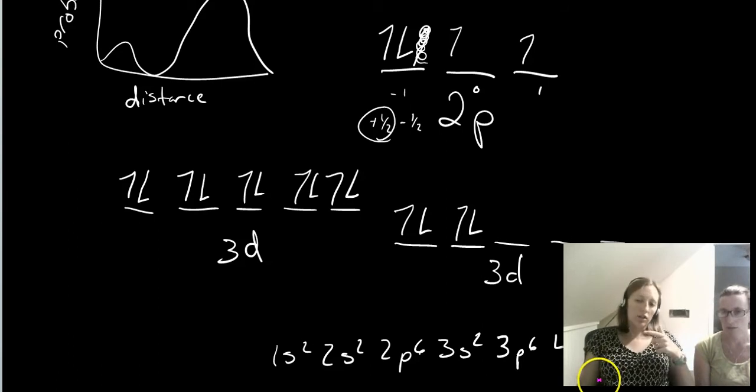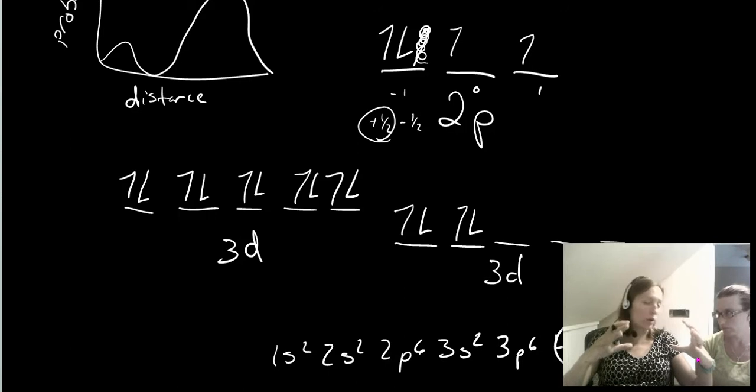The valence electrons are the ones that have the highest n. So that's these guys and these guys. So your 4s and your 4p are in that outer shell of n equals 4. So this element has got 6 valence electrons.